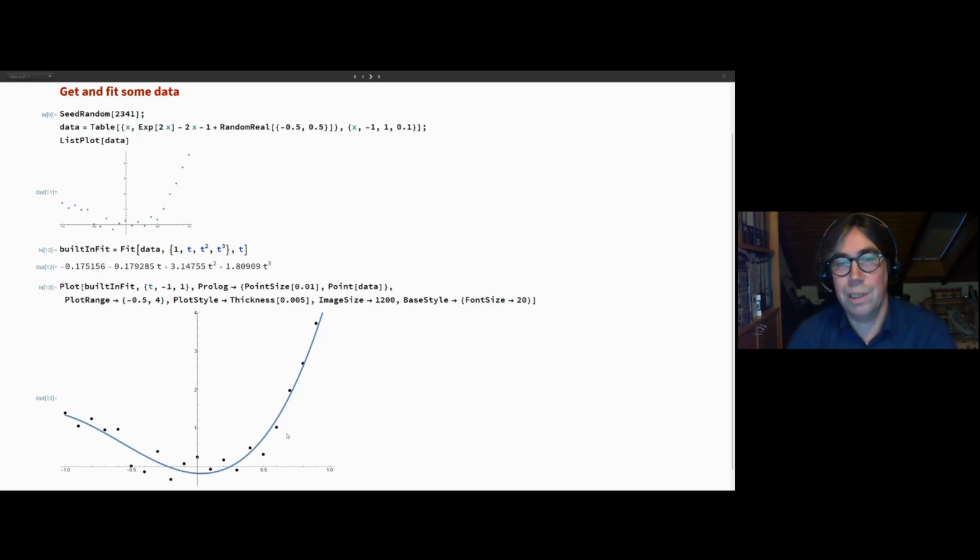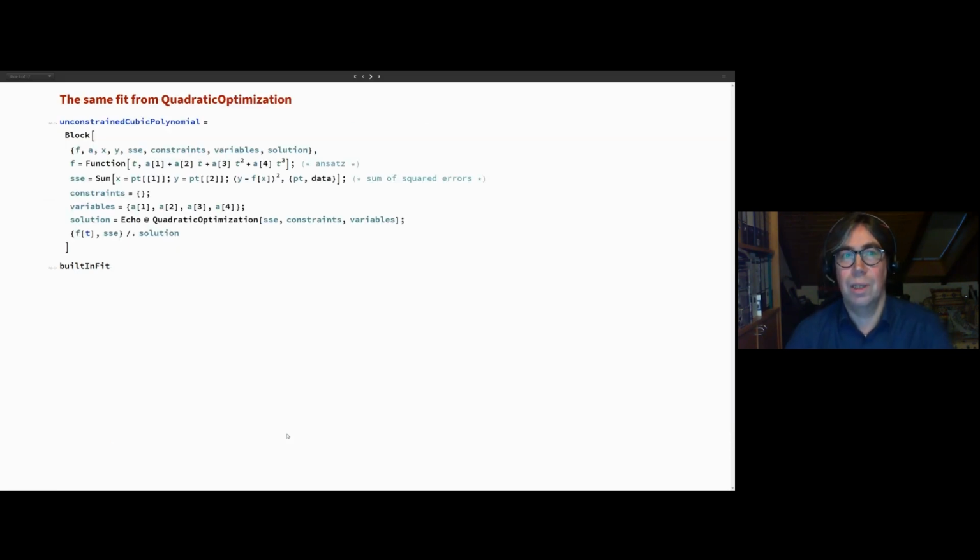And this polynomial fit in that example is really not bad, but maybe you want something more flexible, more general. And so instead of the built-in fit function, we're moving on to quadratic optimization, a more general, more flexible function. So for that, we write out the cubic polynomial as an ansatz function.